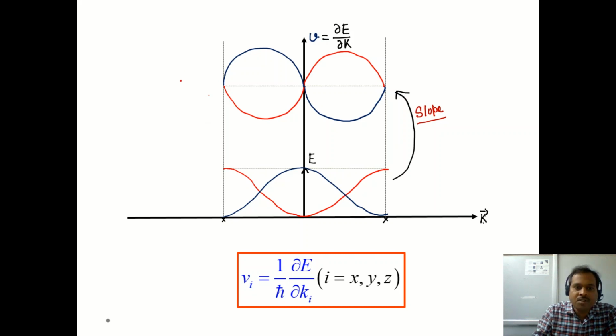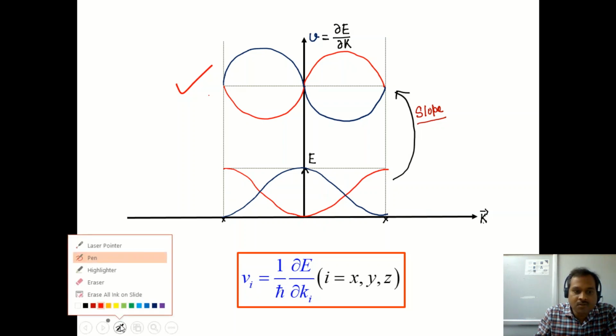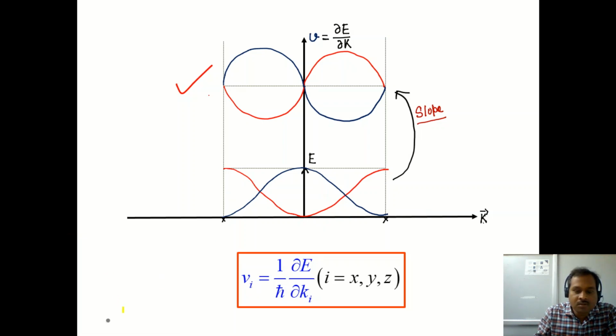Now if we plot it, there are two kinds of bands here, concave upward and concave downward. So let us first focus on this part. At this point we can see the slope is 0. So we can start from here.